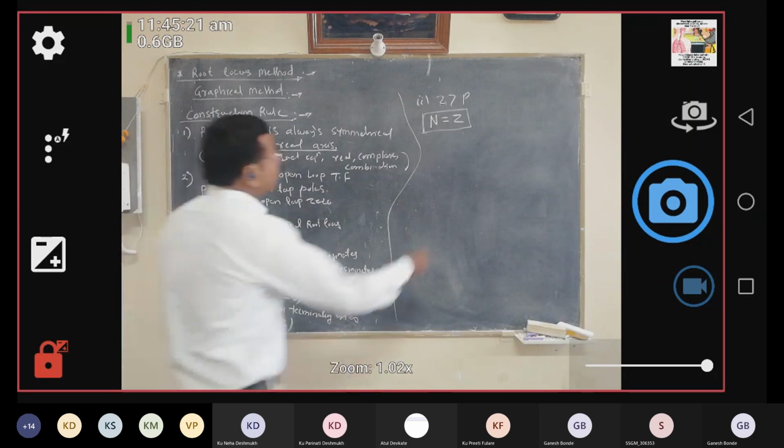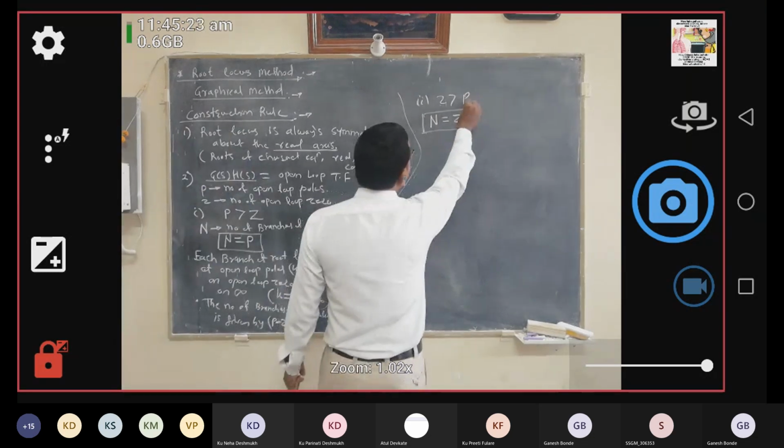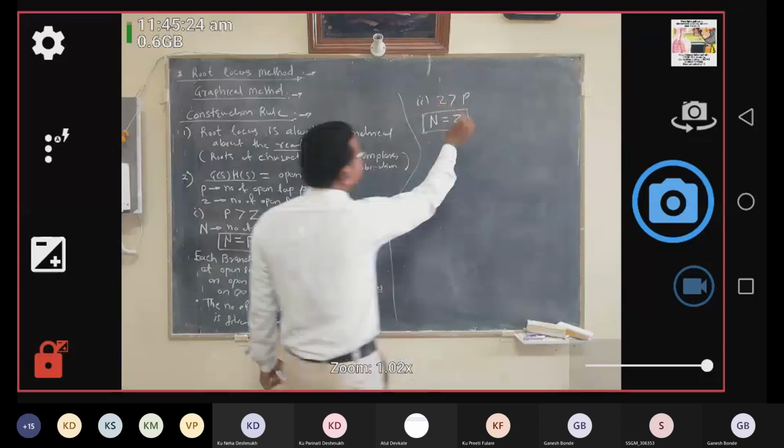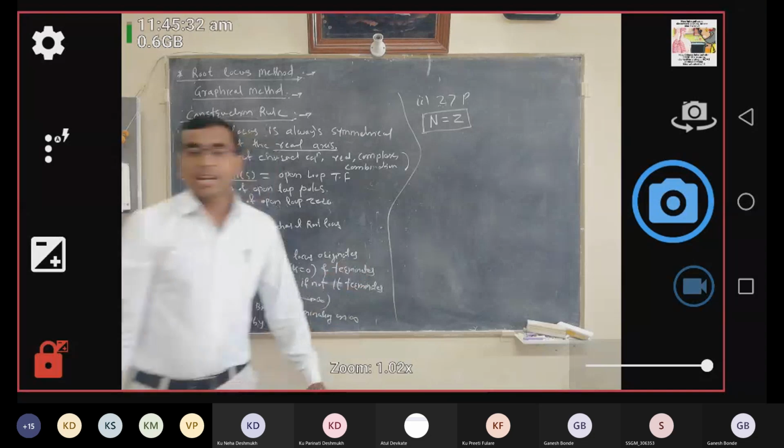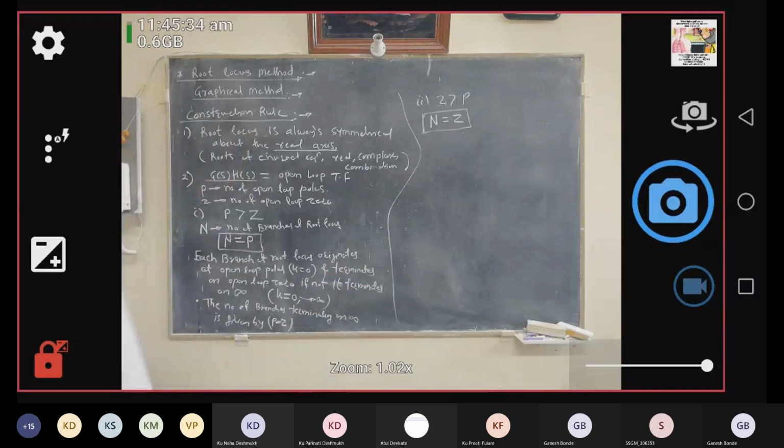But here, as P is less than Z, only P branches can start at poles and terminate at zeros. The remaining branches start at infinity and terminate at zeros. How many branches start from infinity and end at zero? It is given by Z minus P.